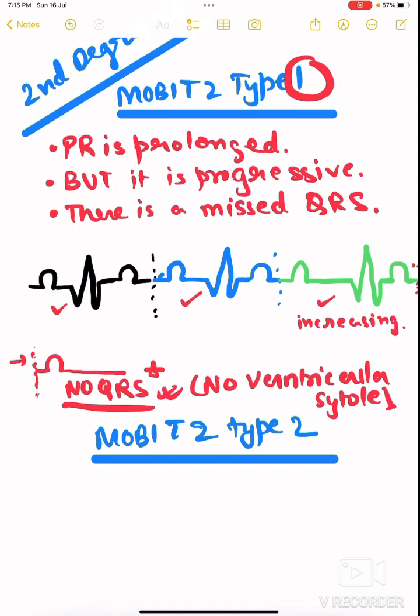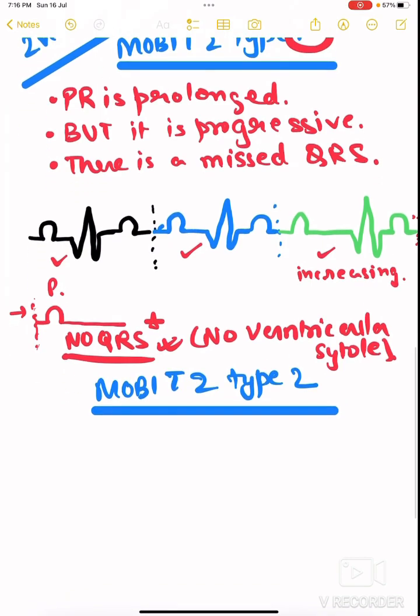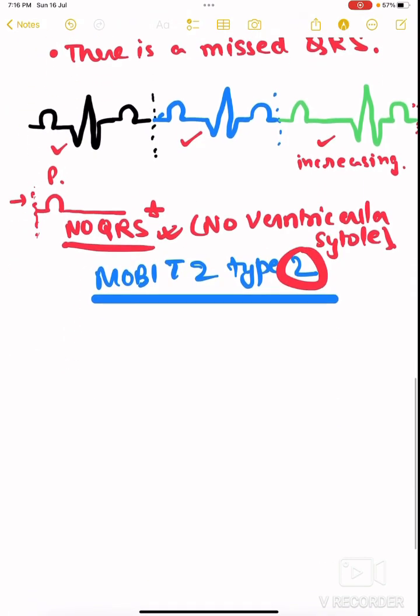That means that after a certain point of time, the PR interval is so much increased that there is not enough time to stimulate the ventricular systole, and in that time the SA node sends another signal to the AV node, right? So after one P wave, there is one missed QRS in the ECG, right? This is Mobitz type 1. Now coming to Mobitz type 2, it is also very easy.